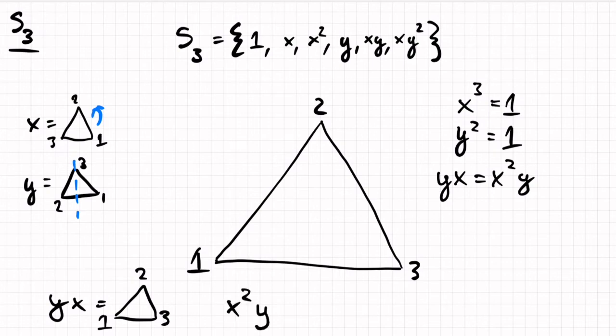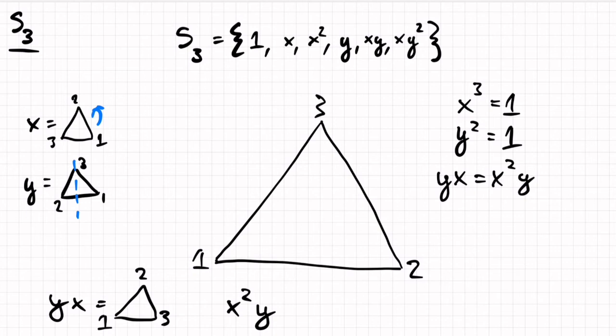X squared y. So if I go back to my original triangle, which had 1 here, which had 2 here, and which had 3 there, what I'm now going to do is first apply y.